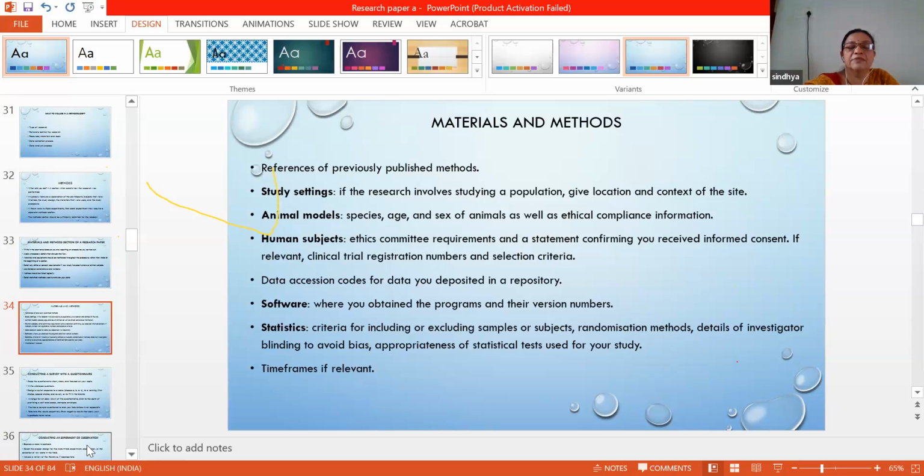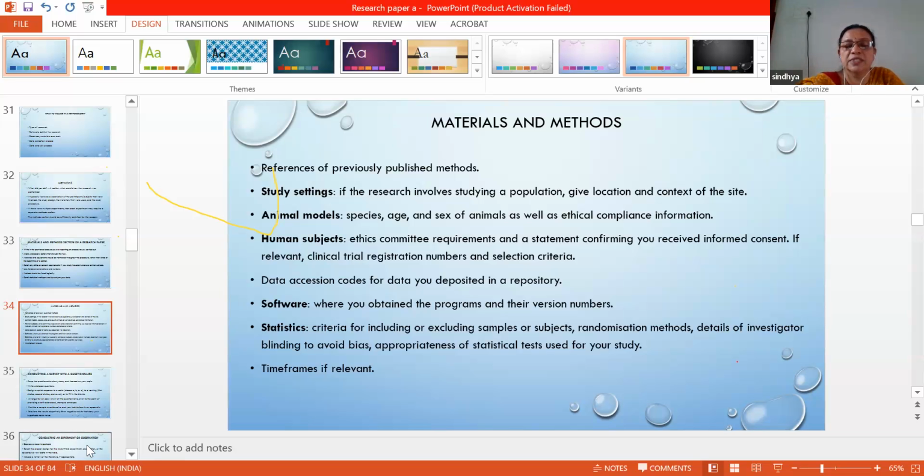So materials and methods, this is a checklist. We can say that when you write the materials and methods, we should check all these aspects. Whether the references are mentioned in the section of previously published methods, and study settings, whether we report the context or the population or the location where the study is conducted, and whether, if we are using animal models, we follow the ethical procedures, and whether the ethical procedures related to human subjects are followed. So all these must be checked before writing the materials and methods section.